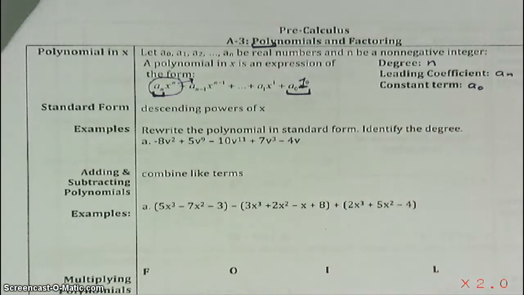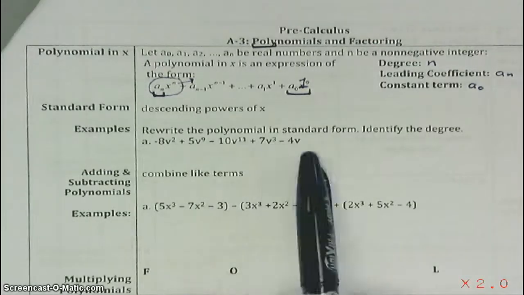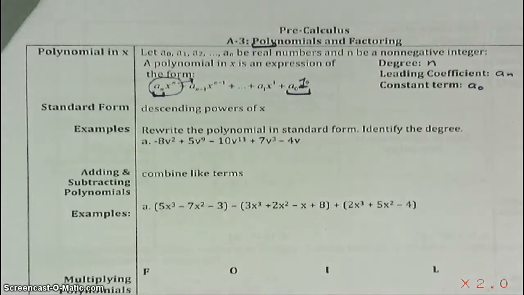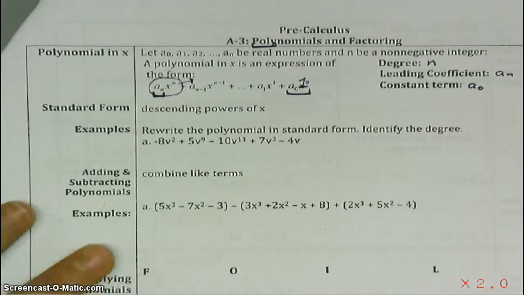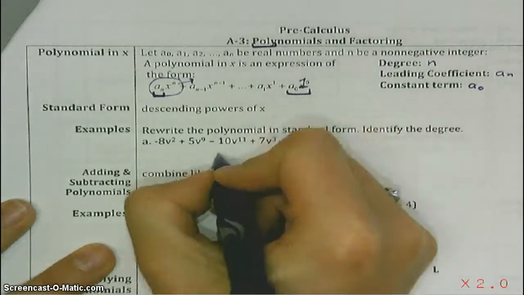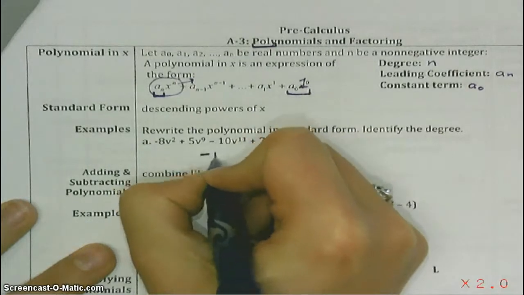All right. So when we write these in standard form, you need to have descending powers of x. So if you look at this next example, we need to rewrite that so it has the highest degree first and then all the way down to a constant if there is one. When looking at this, negative 10v to the 11th has the highest degree.